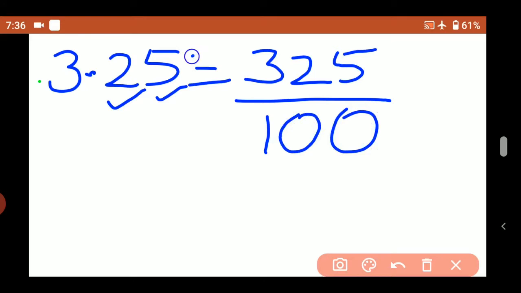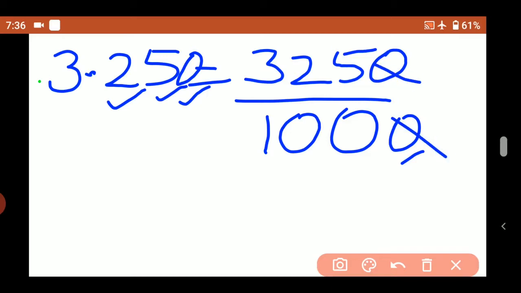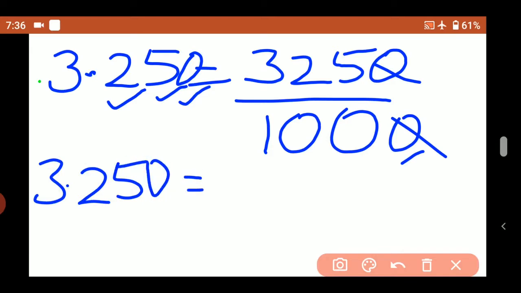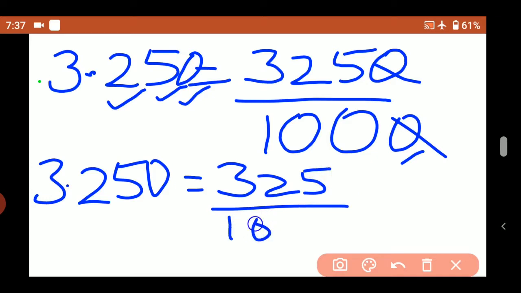Now say if there was a 0 over here. You would have written a 0 here and you would have written a 0 here. Because 3 decimal places, so you will write 3 zeros. Now if you go for cancellation, you will see this 0 and this 0 gets cancelled. So many a time, if the question is given say 3.250, some children directly go to write 325 by 100.